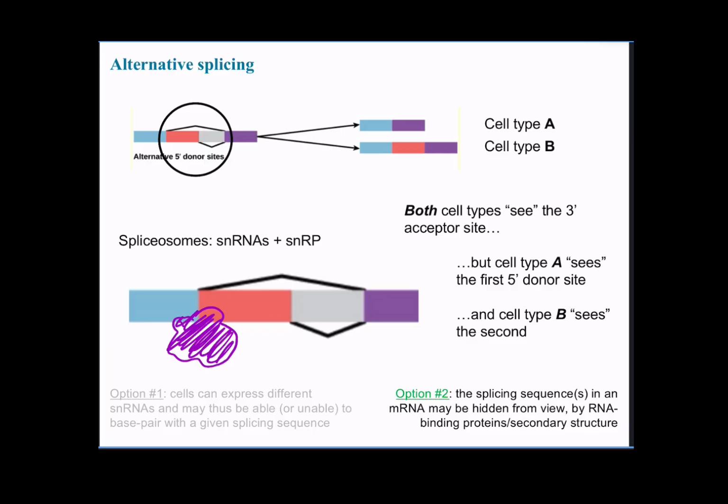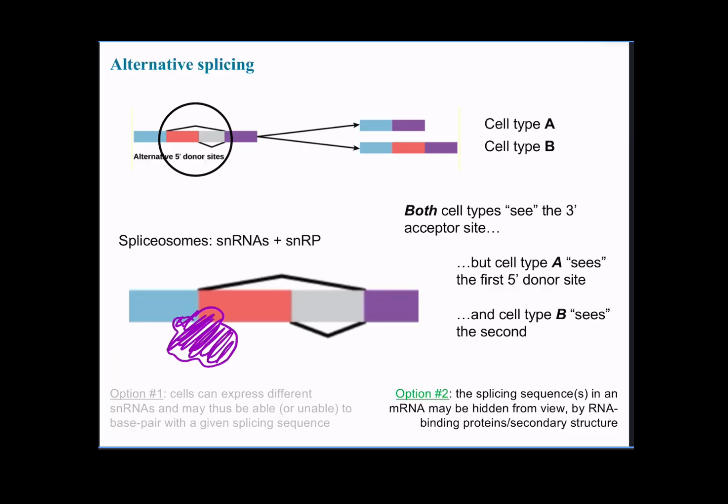Or, alternatively, they may be hidden in secondary structure or by proteins that are binding those regions in RNA, RBPs that are binding those regions. So now it all comes down to what snRNAs cell type A and B express, what RBPs cell type A and B express, and so forth.